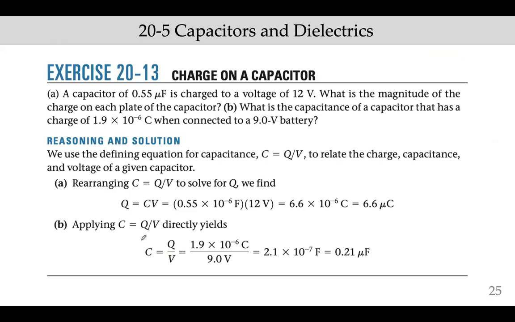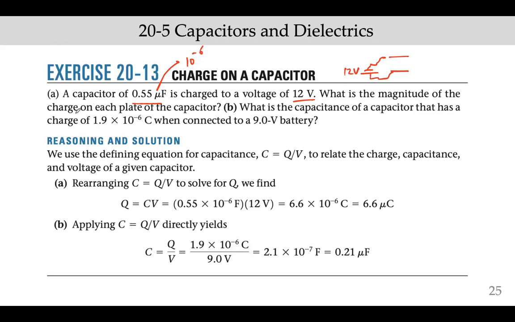Okay, here's an exercise. We have a capacitor of 0.55 microfarad. So farad is the unit of capacitance, and micro is 10 to the negative 6. It's charged to a voltage of 12 volts. So we connected to our capacitor a battery, which is 12 volts.